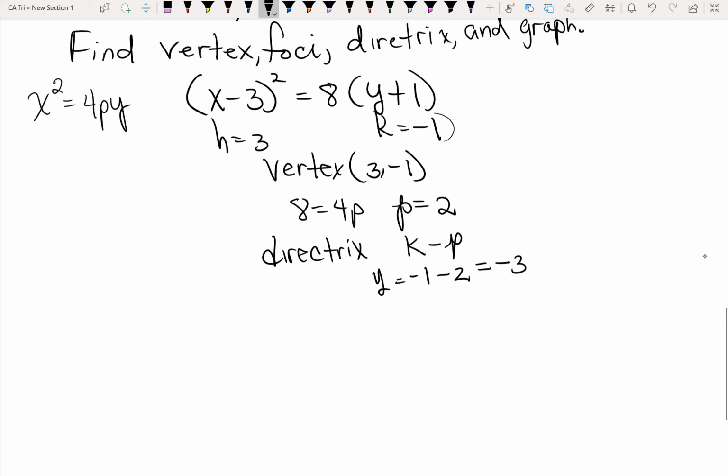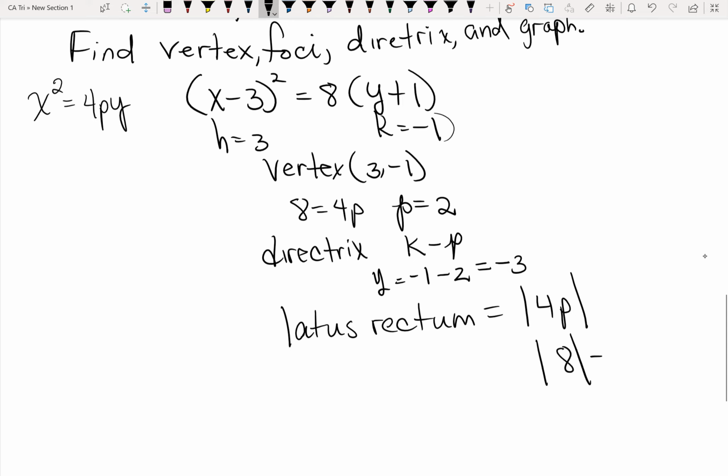What else do we need? We need the latus rectum. The latus rectum for this would be equivalent to the absolute value of 4p. And so therefore the absolute value of 8, which is 8. Alright, and so that helps us find some major information.